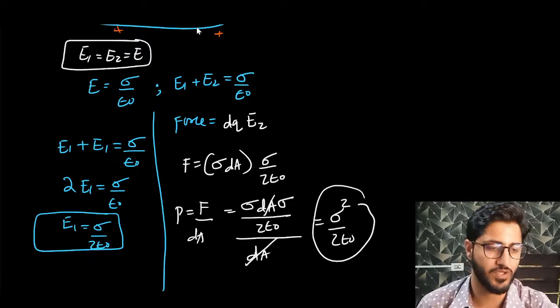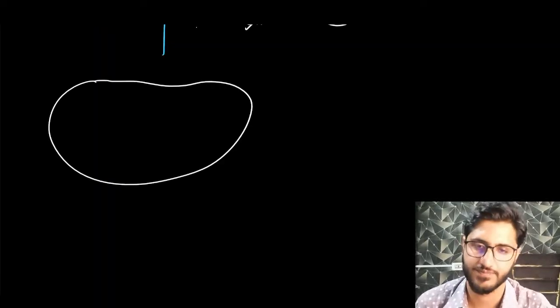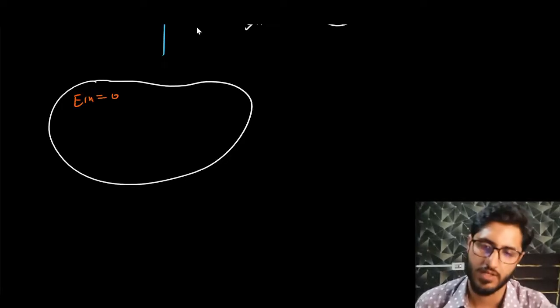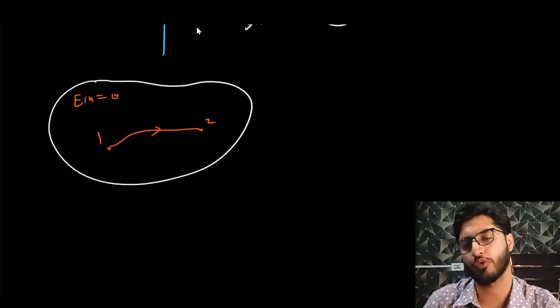Okay, look now. One more thing. If we have any sort of conductor like this, we know E inside is 0. This is point number 1, point number 2. We are taking a particle from 1 to 2. Find the potential at 1 and 2.